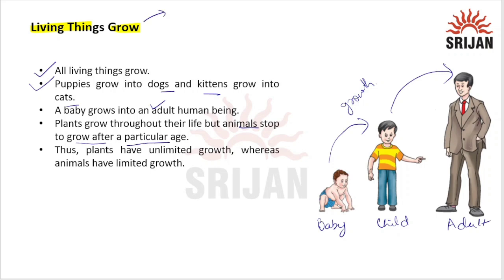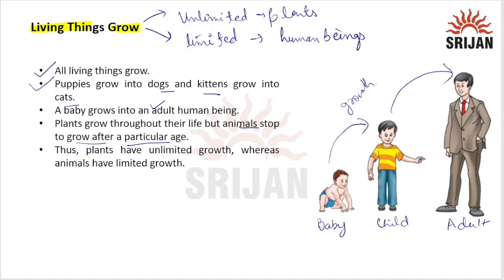Growth can also be of two types: unlimited, which is found in the case of plants, and limited, which is found in the case of human beings and animals. In birds, animals, and human beings, growth stops after reaching a certain age.